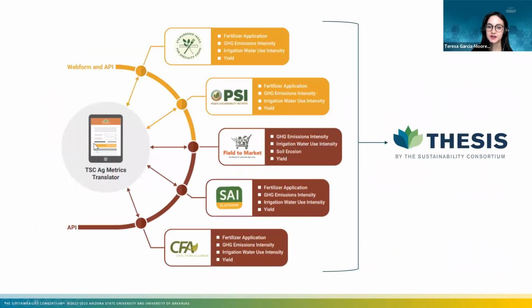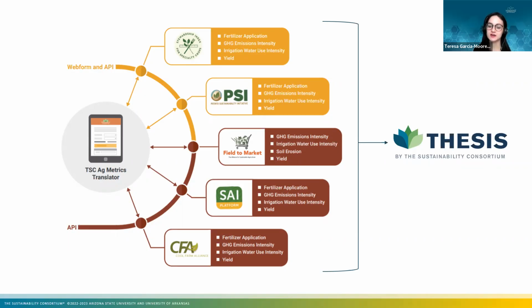To simplify your calculations for Thesis, TSC offers the Ag Metrics Translator for free to all registered users. The translator has 2 different interfaces: an application programming interface and a web form. The API can be used by platforms to automatically calculate responses to select TSC KPIs.